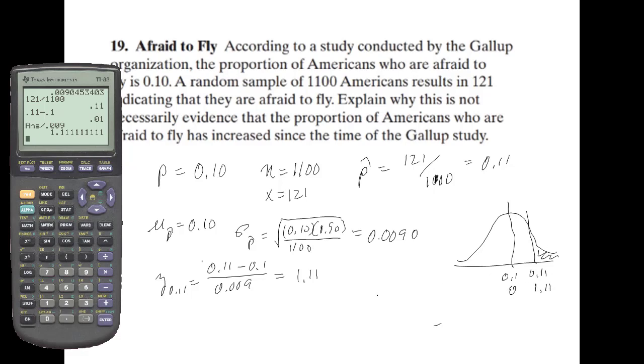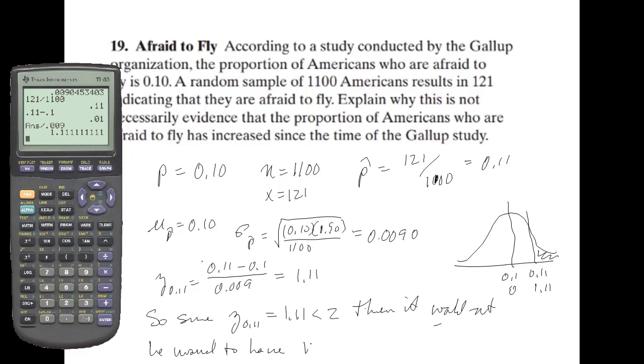Now, that means that, so we can say, since z of 0.11 equal to 1.11 is less than 2, then it would not be unusual to have 11% afraid to fly.